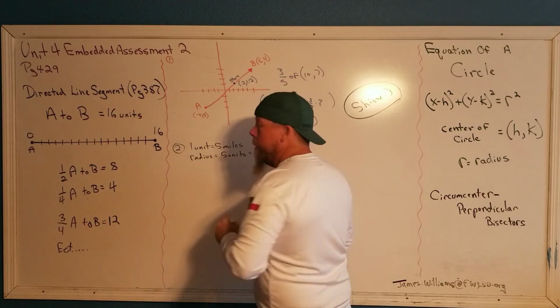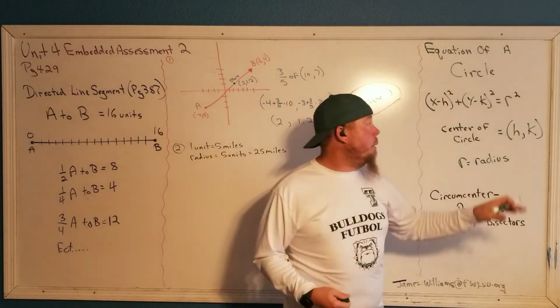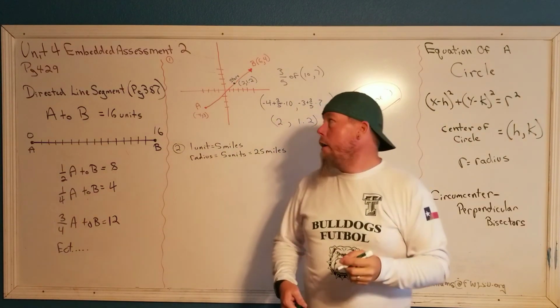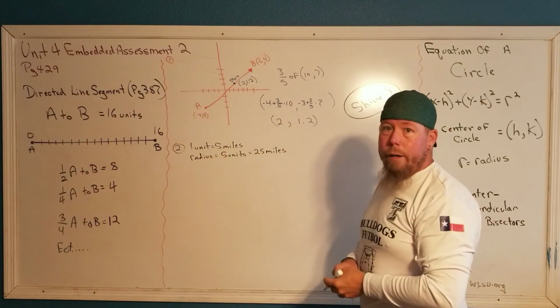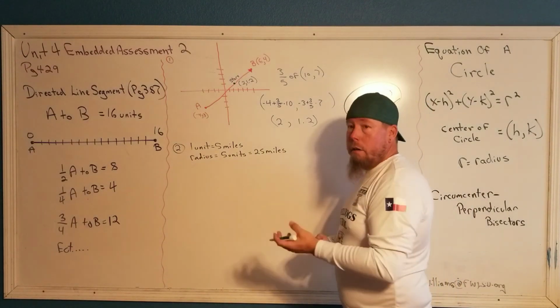Okay? And we're going to refer back to our equation. There's no work to do in number 2. If you can remember the equation and understand what they're asking, they're saying, hey, if our store is here, and we want to know where we can put our distribution center, we need to be within 25 miles. The way you draw a circle on a graph is kind of easy.